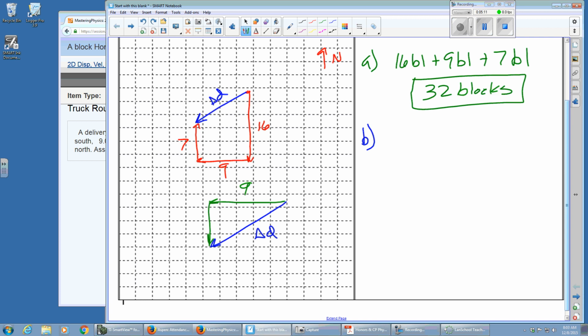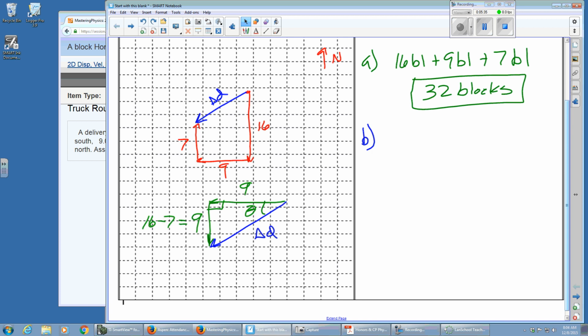The north-south component is going to be my 16 minus 7, which in my case is also 9. Oh, for me, it's nice. It's a 45-45-90 triangle. May not be for you, so I'll act as if I don't know that, because for yours it probably isn't.